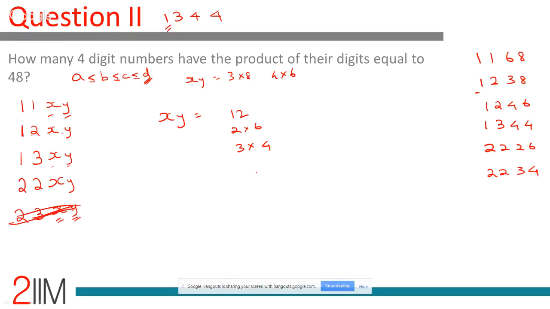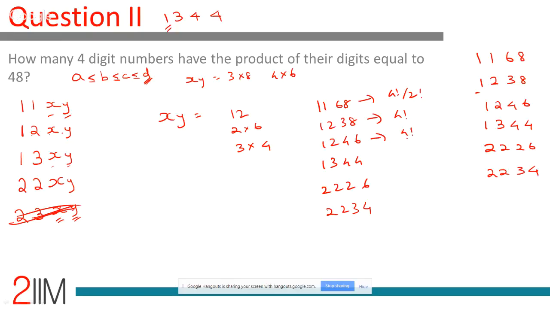So our digits could be 1, 1, 6, 8; 1, 2, 3, 8; 1, 2, 4, 6; 1, 3, 4, 4; triple 2, 6; and double 2, 3, 4. And how many ways can this be done? This is 4 factorial by 2 factorial. This can be done in 4 factorial ways.